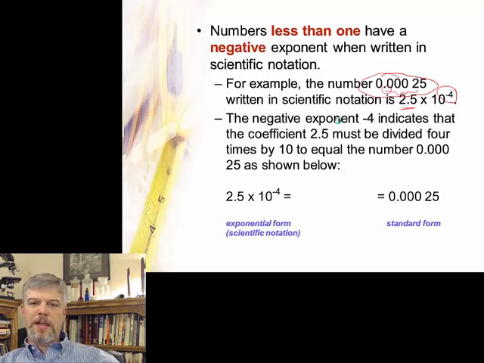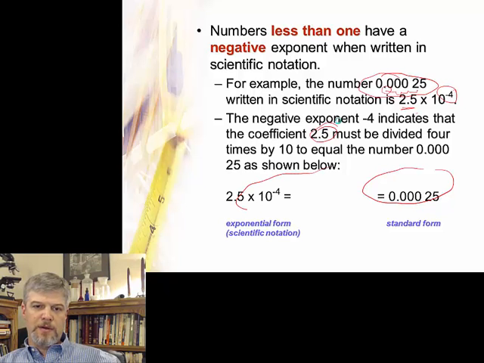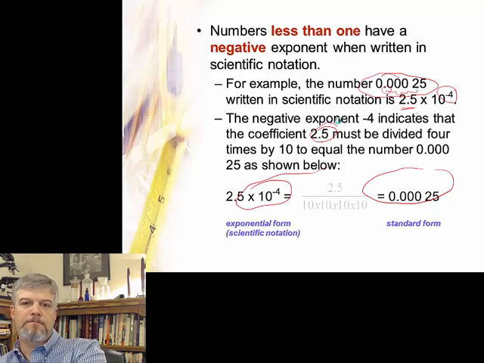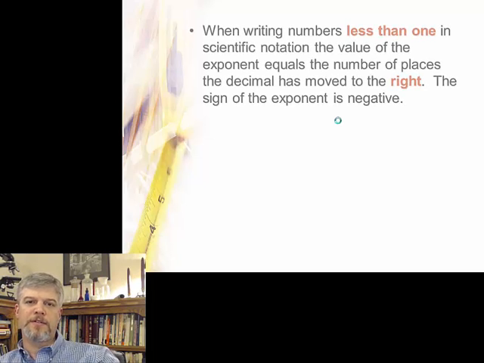Okay, so the negative exponent, -4, will indicate that our coefficient, which is 2.5, has to be actually divided 4 times by 10 to get the original number that we were looking at, which was 0.00025. Okay, so these two numbers down here are equivalent, and this one is in standard form, and this one is in exponential or scientific notation. All right, so that's how to write the numbers in scientific notation, moving the decimal to the left and to the right.